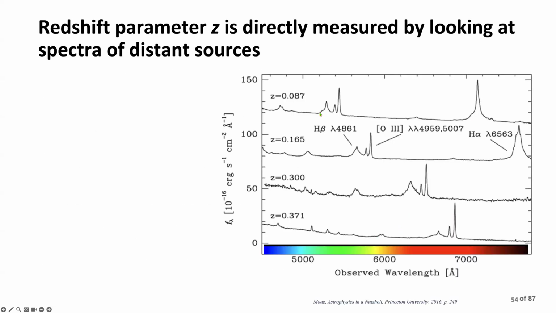So here's an example of various galaxies that have hydrogen or oxygen. And if the galaxy, we'll talk about what Z means eventually, but not right now. If we look at a galaxy moving away from us at a relatively low speed, we see this structure.